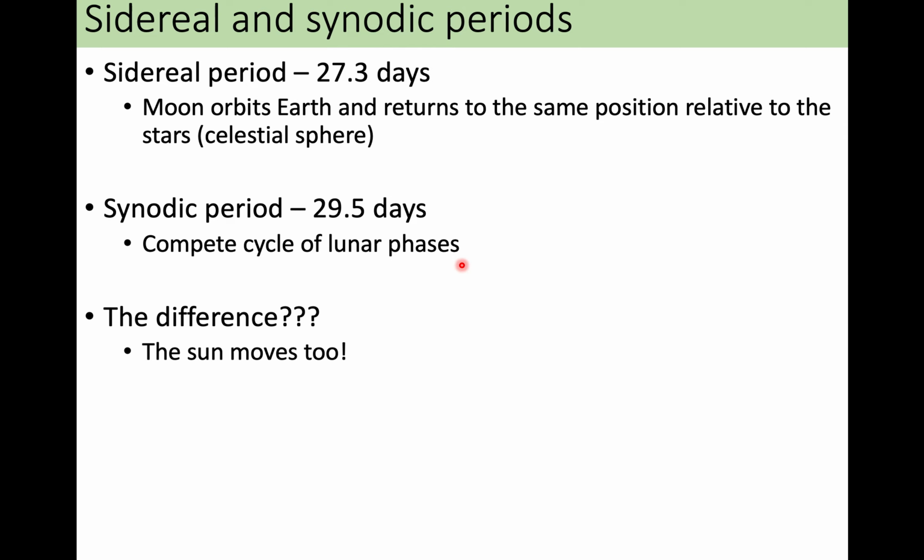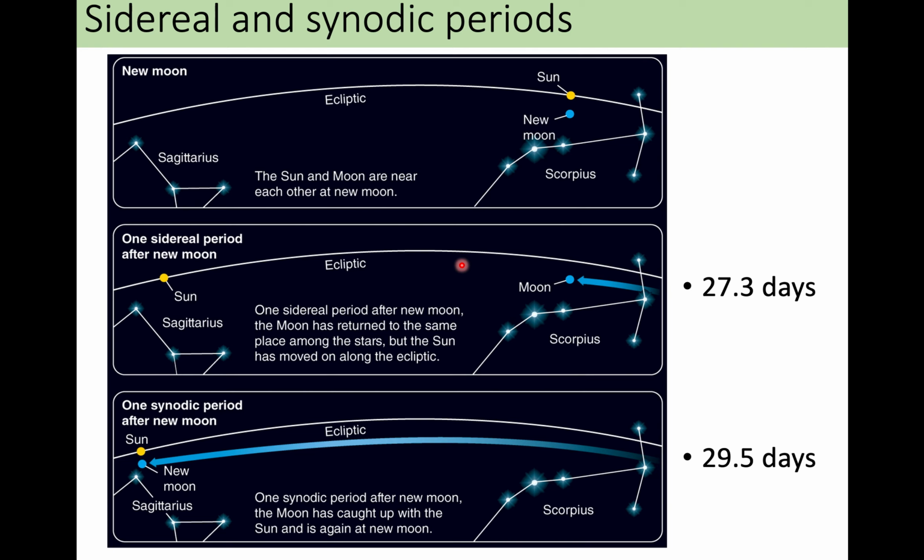So this is hard to explain in text, and I think this figure will help out. Here we have our starting position, the sun on the ecliptic. Here we have our new moon and some background stars to think about the celestial sphere.